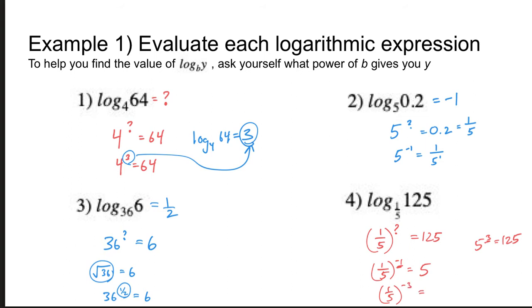That will flip my fraction here and make that 5 to the third power, which I know is 125. So the answer, what is the log base 1/5 of 125? -3 is the result. These get tricky, but with some practice and some understanding of how these numbers grow, you will get better at these rather quickly.